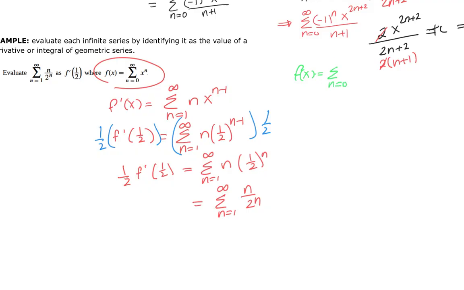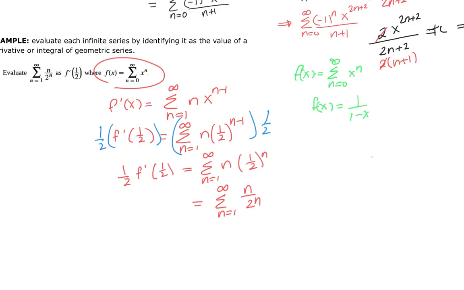Now, going back up to the fact that f of x is equal to the summation of n equals 0 to infinity of x to the n, and that means f of x must have been equal to 1 over 1 minus x, because remember, that whole definition of 1 over 1 minus y is equal to the summation of n equals 0 to infinity of y to the n. That whole shenanigation.